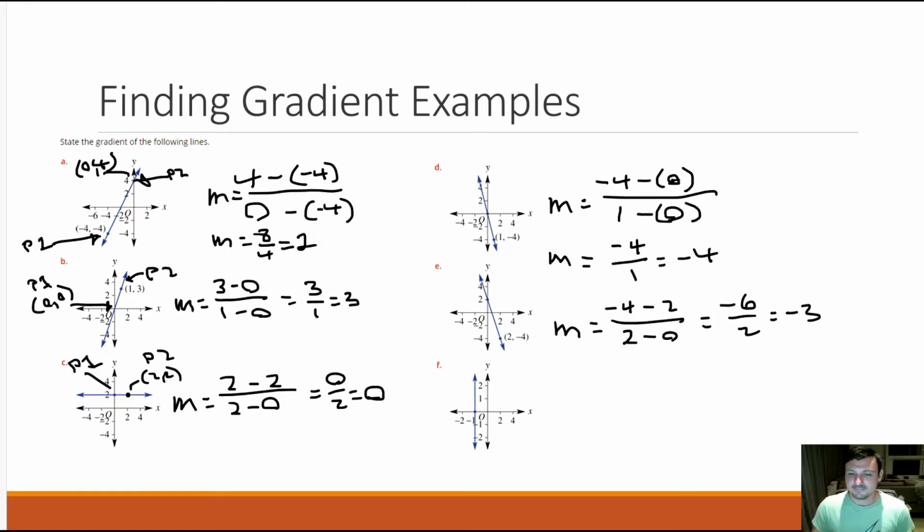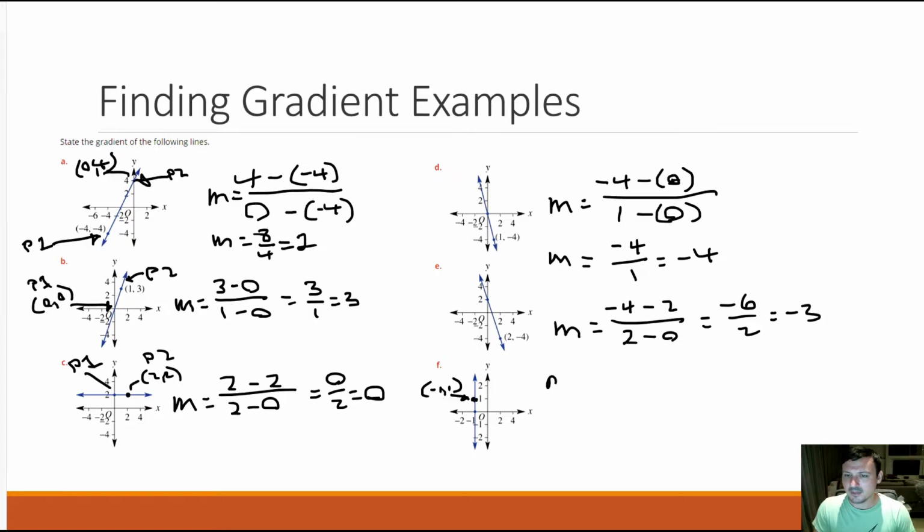Different situation. So the last one here is vertical. Now, I'm going to use this point, which is negative 1 and 1. I guess it doesn't really matter which one I do. We'll go with the top one as the first one, the bottom one as the second one.